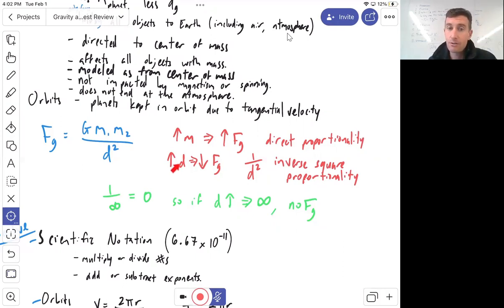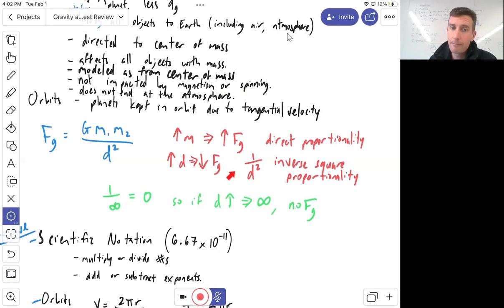If the distance gets 3 times further away, 1 over 3 squared is 1/9, gravity would go down by 9 times. If distance were to increase 4 times, 1 over 4 squared is 1/16, so gravity would decrease 16 times, et cetera, et cetera.